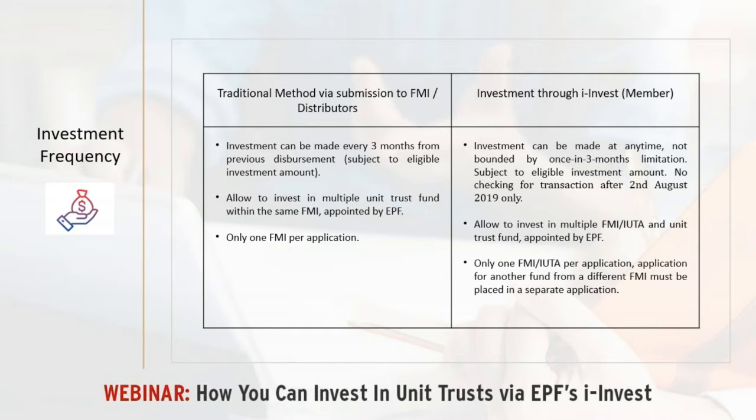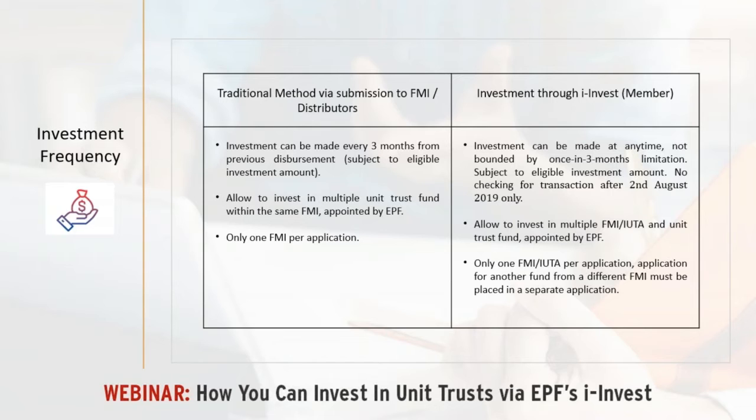Investors are allowed to invest in multiple fund houses or distributors and unit trusts applied by EPF. For this, you may take note. Investors are allowed to invest with multiple fund houses or multiple unit trust funds, but only one fund house or distributor per application. An application for another fund from a different fund house must be placed in a separate application.